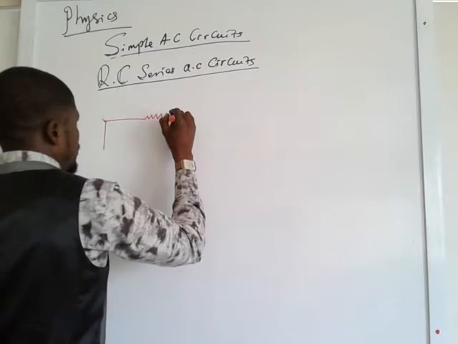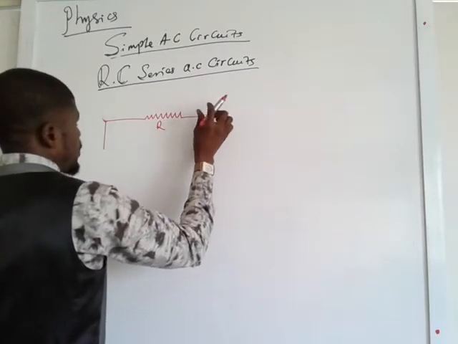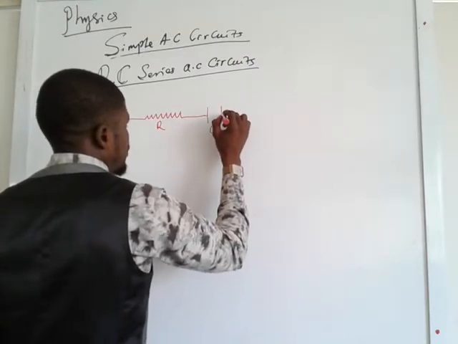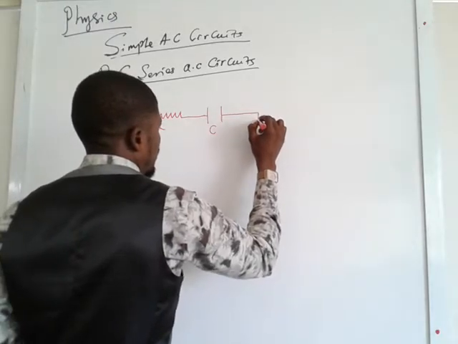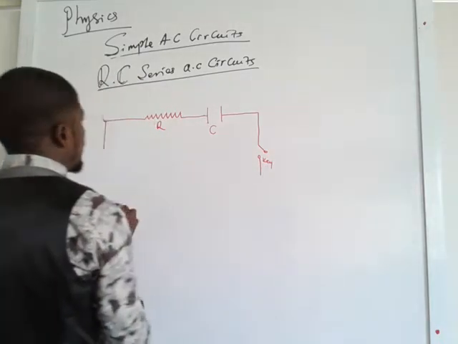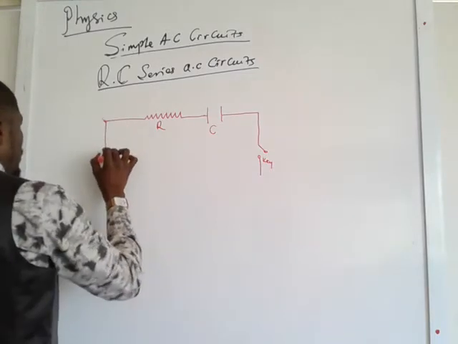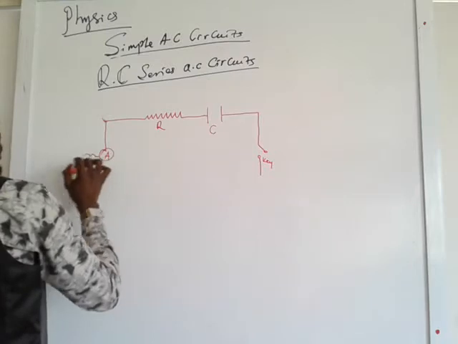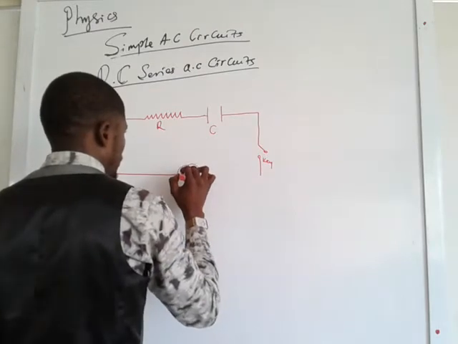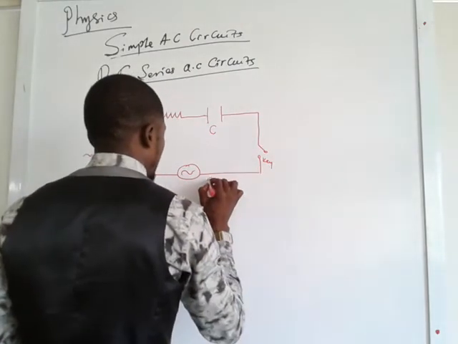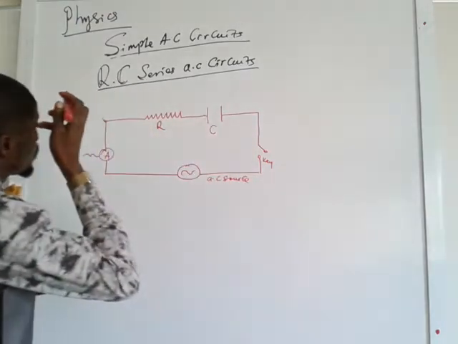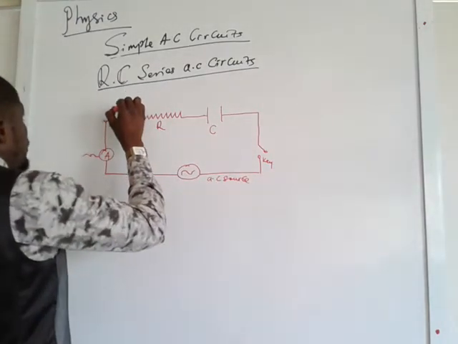This is our resistor with resistance R connected in series with a capacitor of capacitance C. And then this is our key, and down here, our ammeter to measure the AC. Then this is our AC source.